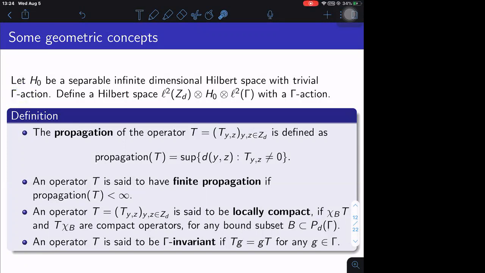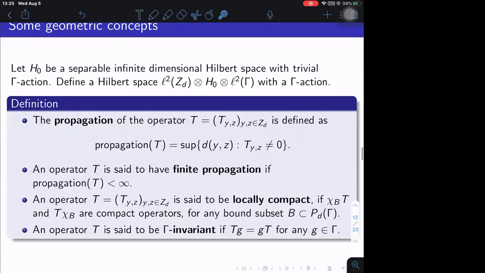We define the tensor product of these three Hilbert spaces with a tensor action: on this part the action is by translation, on this part it is trivial, and on this part it is the left regular representation.